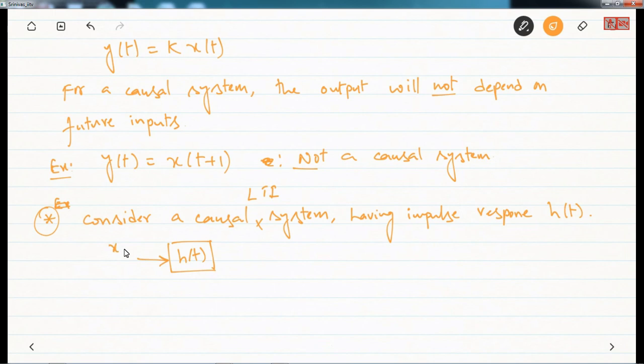Say we give an input x1 of t and we get an output y1 of t.